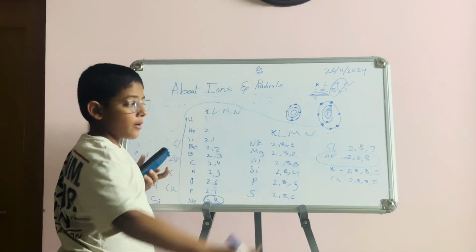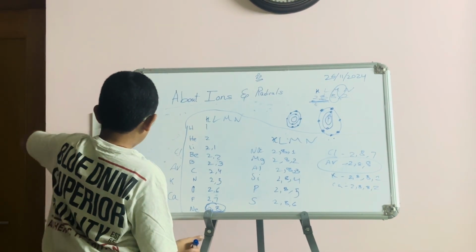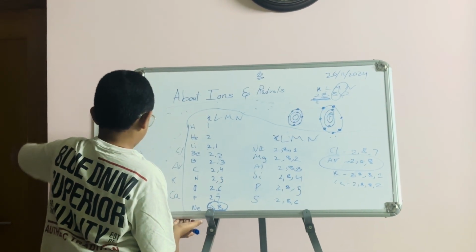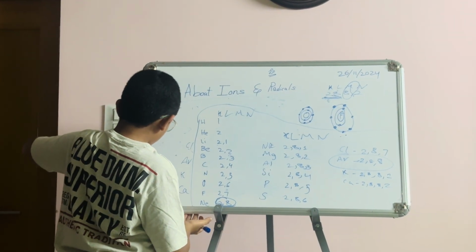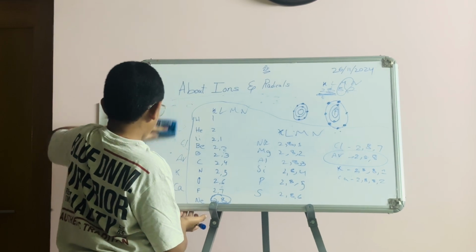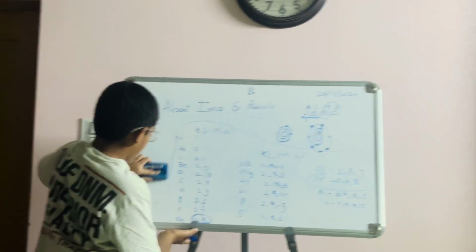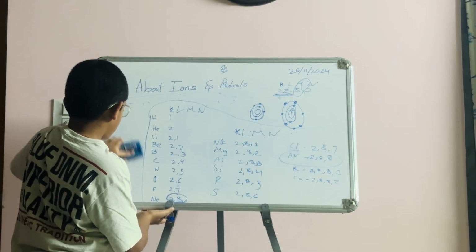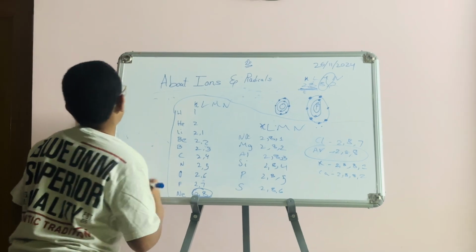K plus 1, Ca plus 2, oxygen O minus 2. These are charged. We divide them into monovalent, bivalent, trivalent, polyvalent, and so on.